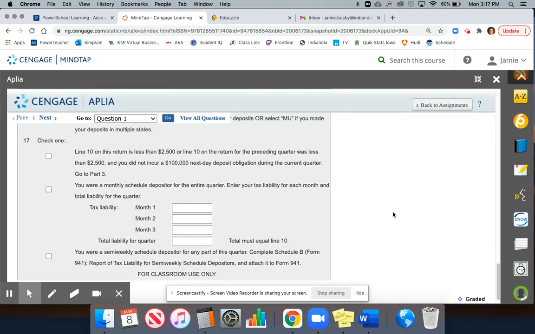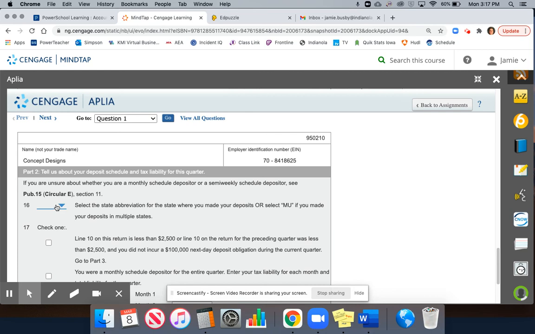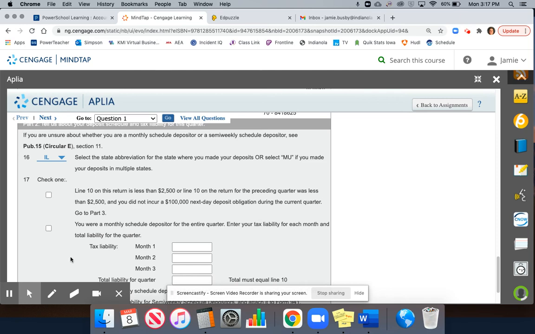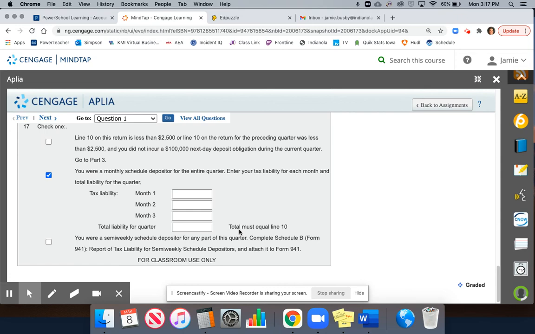So we can go on to part 2 here. Select the state, so we're in Illinois. And then we are paying monthly. So we're going to get this information from up above.